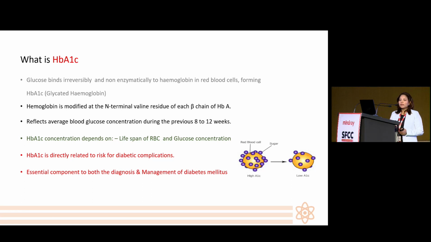This HbA1c concentration is directly proportional to the lifespan of the RBCs and the glucose concentration, which makes HbA1c directly related to the risk for diabetic complications, making it an essential component to diagnose and manage diabetes mellitus.